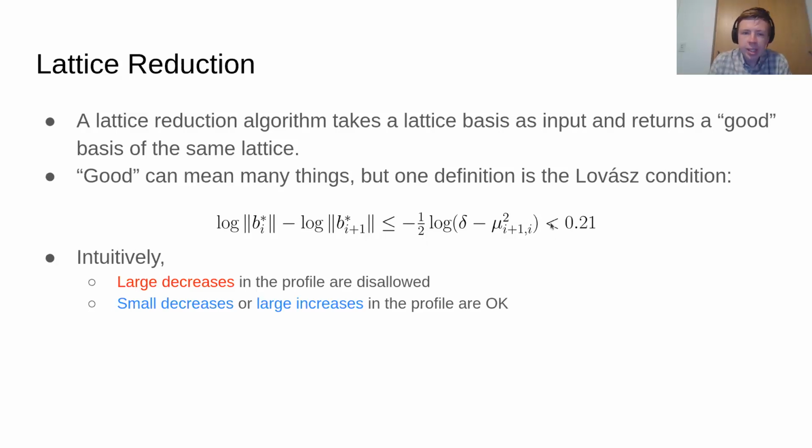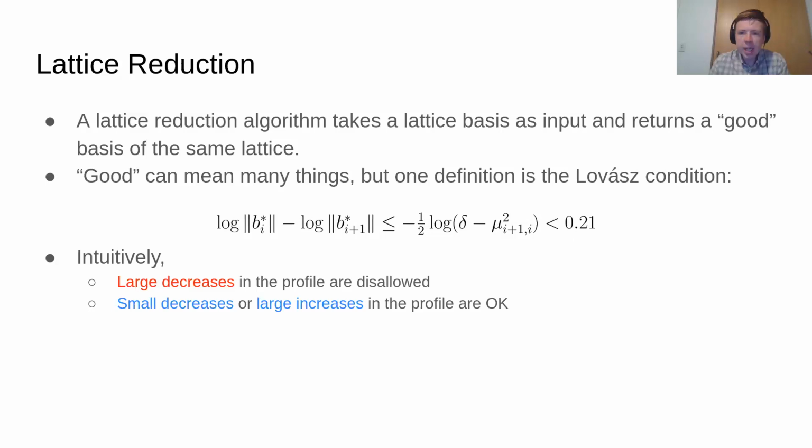Essentially, what this equation says is that large decreases between these subsequent values are problematic and are disallowed by the Lovász condition. But small decreases, smaller than a bound of 0.21, are fine, and large increases, which give you a large negative number on the left-hand side, are also fine.